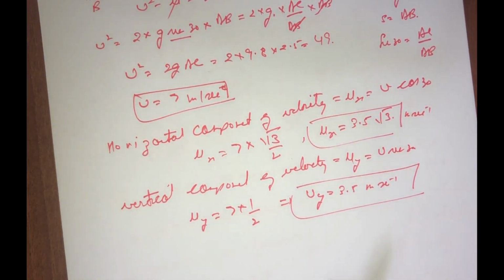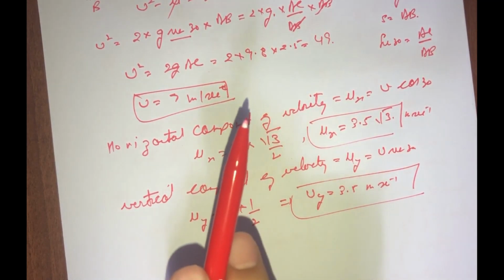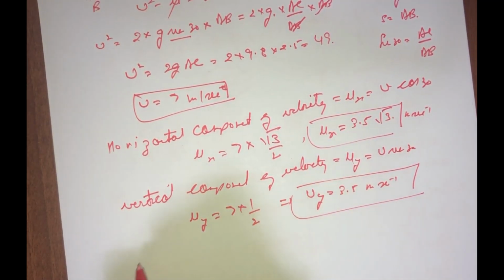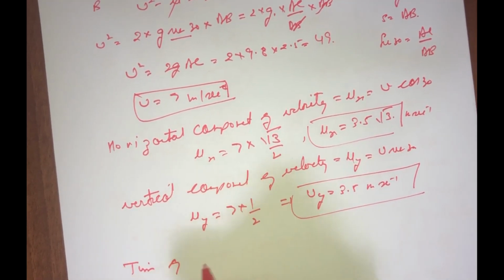Now let us suppose that after point B, the time of flight of the ice is given as small t.